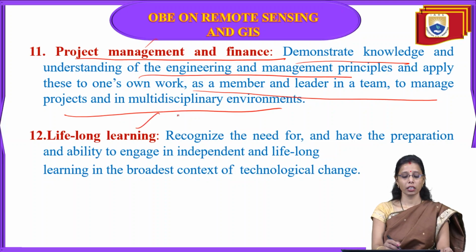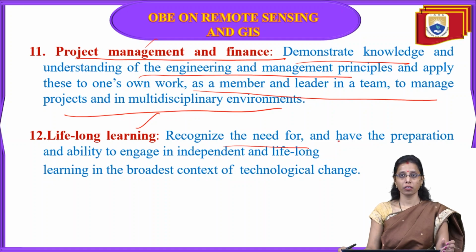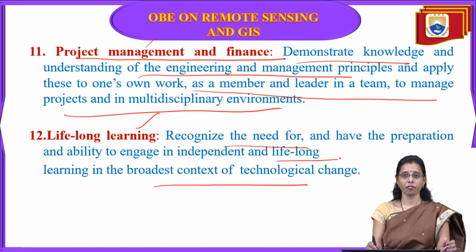Now lifelong learning. This is the 12th PO and the last PO of the program outcomes. It is to recognize the need for, and have the preparation and the ability to engage in, independent and lifelong learning in the broadest context of technological change.